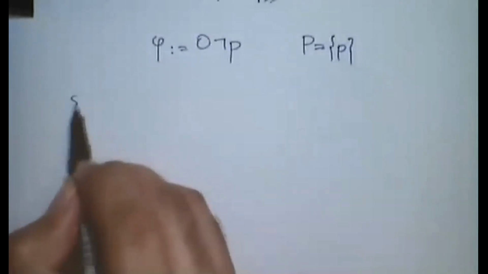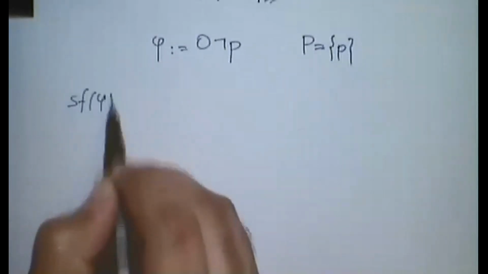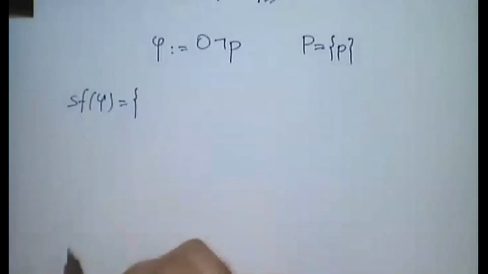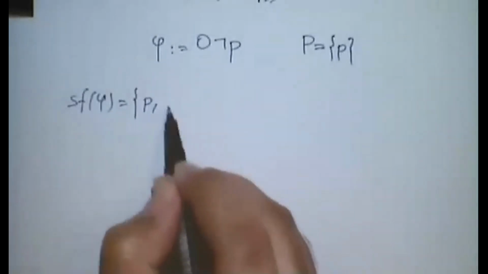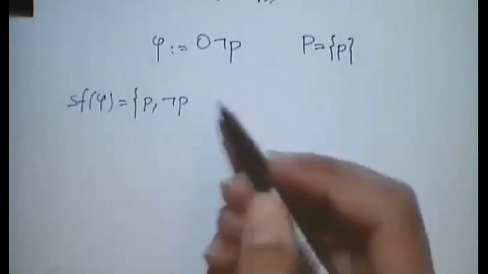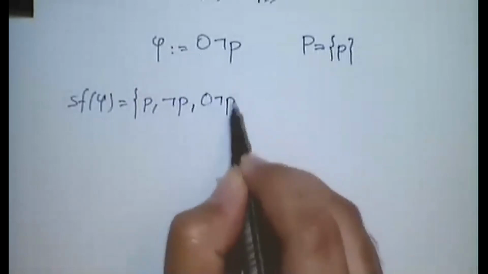So what are the sub-formulas of phi? We have p here, we have not p, and of course we have next not p. This is trivial, you're just computing the subformulas.